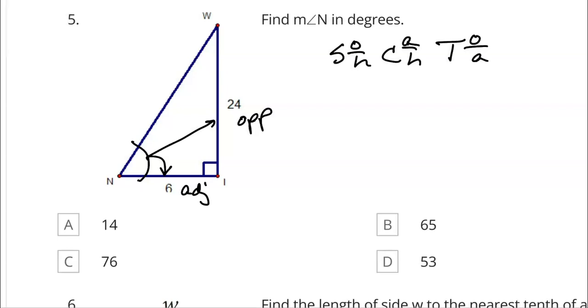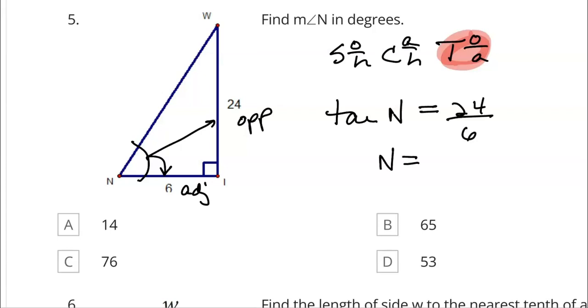Because I have opposite and adjacent, I'm going to use tan. So my setup is this. The tan of angle N equals opposite, which is 24, over adjacent, which is 6. Therefore, N equals tan to the -1. Remember, you use inverse trig of 24 over 6, and you should be getting about 76 degrees. So angle N is 76 degrees.